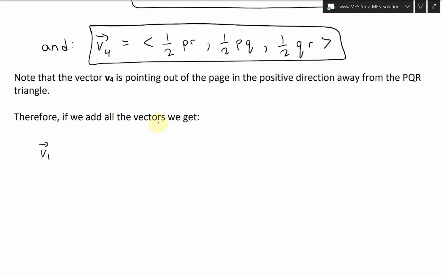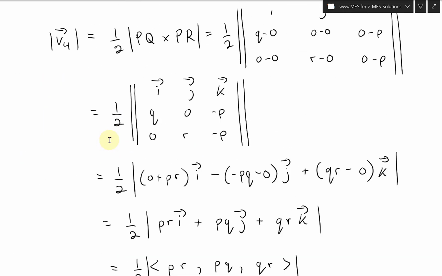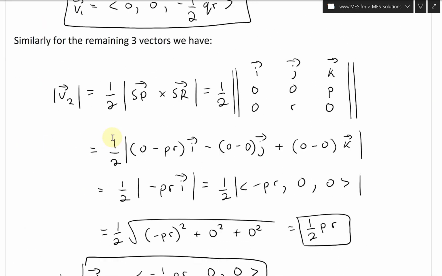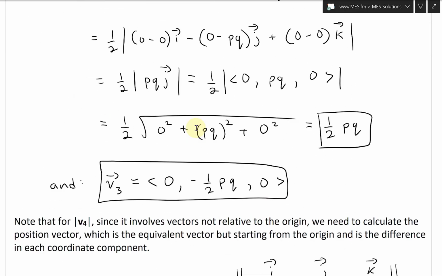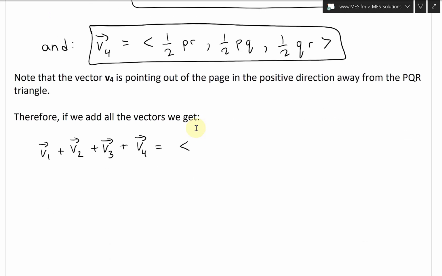So V1 vector plus V2 vector plus V3 vector plus V4 vector equals the components there. Let's write V1, it was above here. V1 is 0, 0, and then negative 1/2 qr, like that.